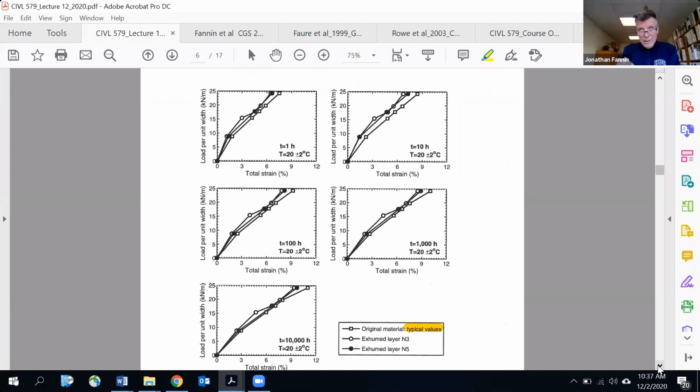I won't give you the plots and the data here. They're in Santiago's thesis. But in terms of the load strain time behavior at a temperature of 20 degrees at 1 hour, 10, 100 hours, 1,000 hours, and 10,000 hours of creep loading, that actually was very, very encouraging.